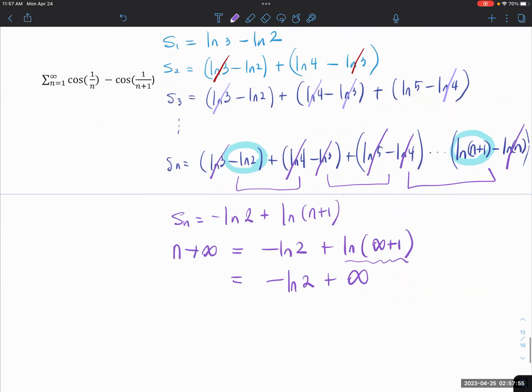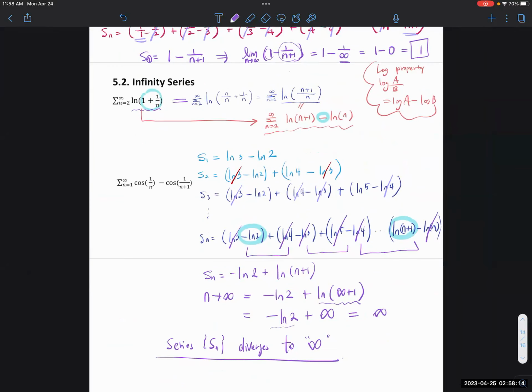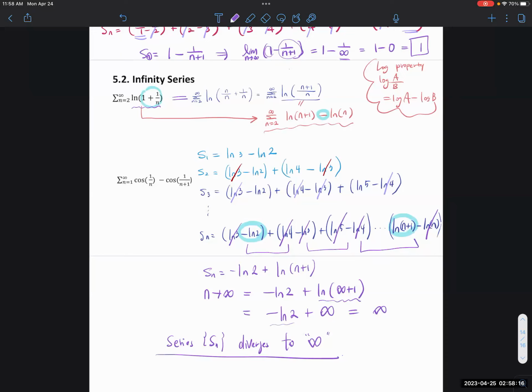So infinity minus whatever small number, it's still infinity. So therefore, the series Sn diverges to infinity. That's the conclusion. So this is a very unique pattern of the telescoping series.